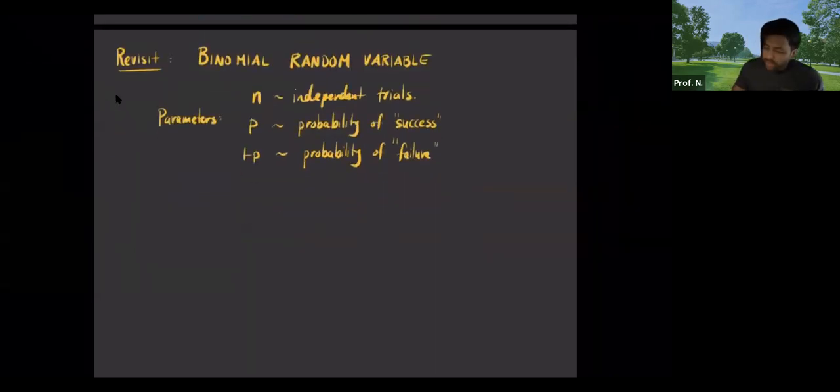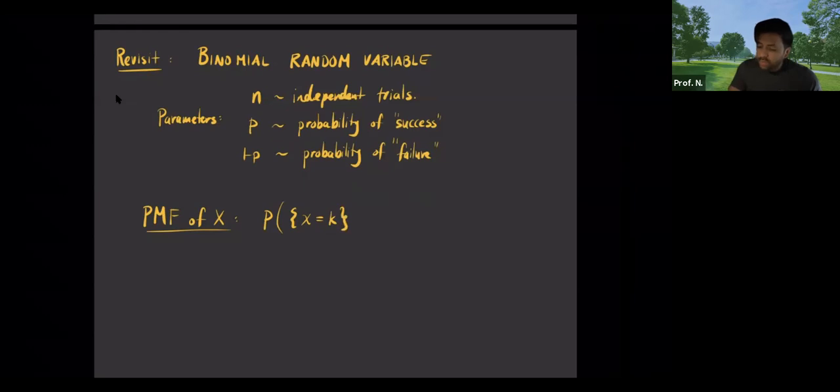Now, what was the PMF again? What's the PMF of my random variable x? So x can attain the values from 0 through n.